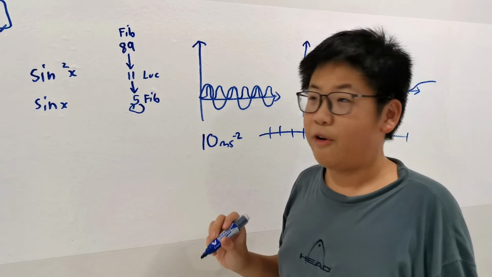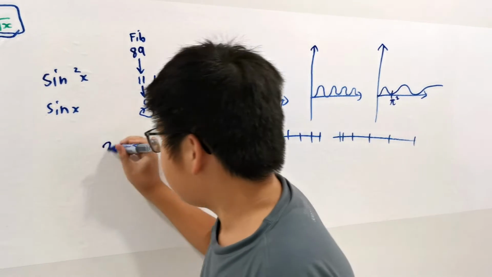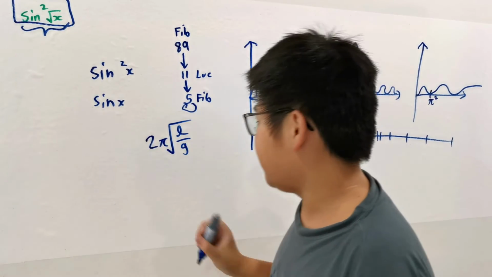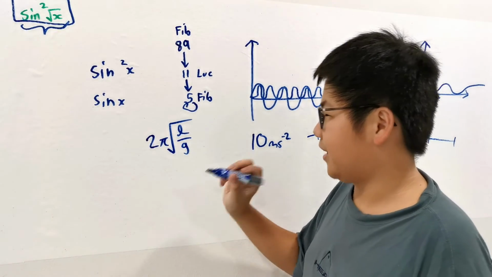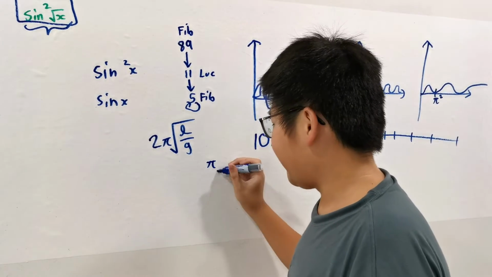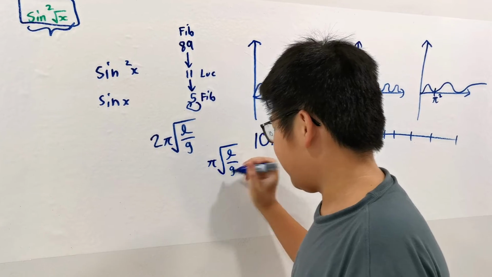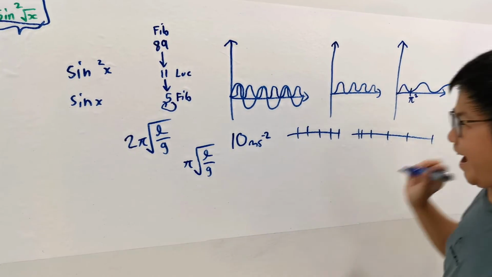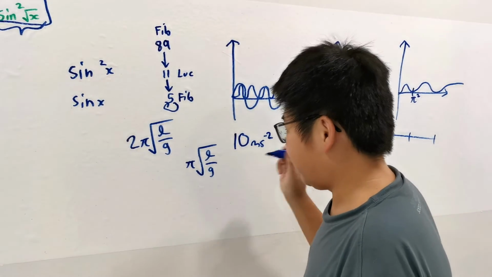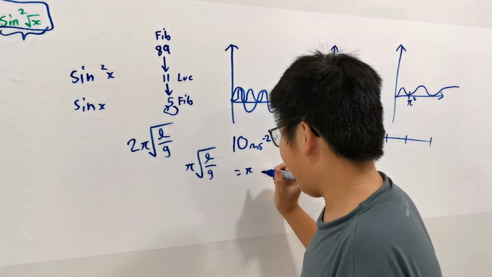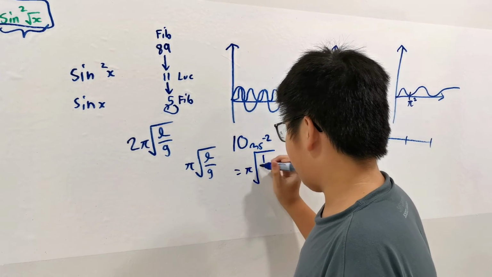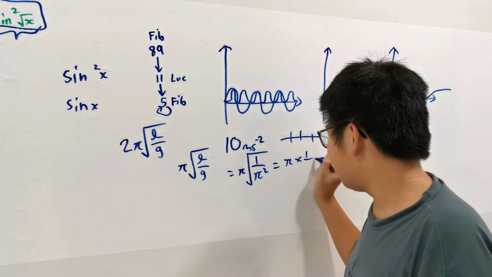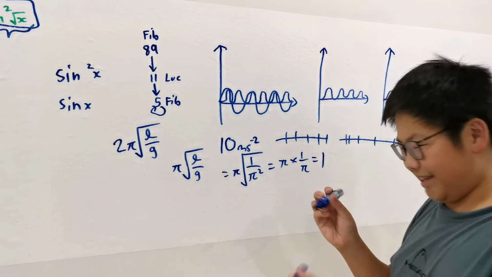Anyway, you know the formula for the period of a pendulum, 2 pi times the square root of L over G. Then the half period will be pi times the square root of L over G. Then if you substitute G to be exactly pi squared, and the length to be 1 meter, it equals pi times the square root of 1 over pi squared, which equals pi times 1 over pi, equals 1 second.